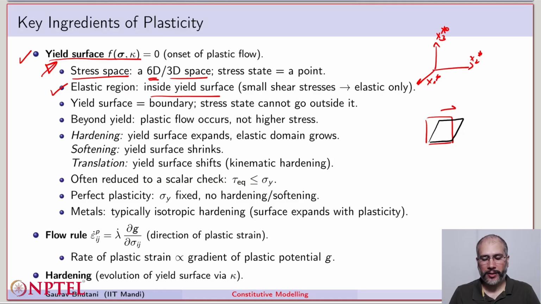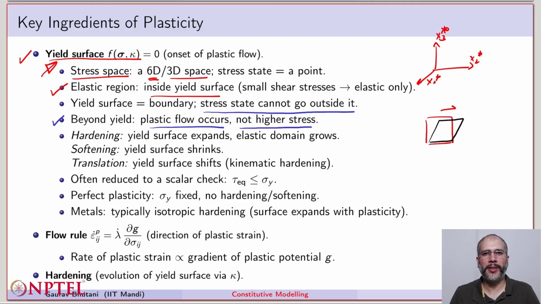The idea is very interesting that the stress state cannot go outside the yield surface. As soon as you reach the yielding value and you try to increase the stress beyond that, the material starts to flow and equalizes the stress. So you cannot go beyond the yield stress. We say that beyond yielding, plastic flow occurs and you cannot go to any higher stress.